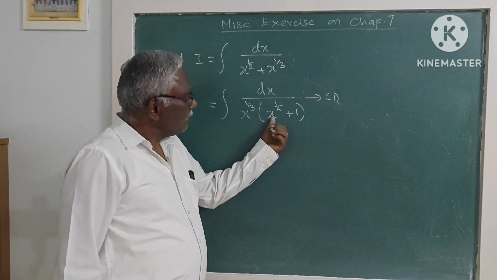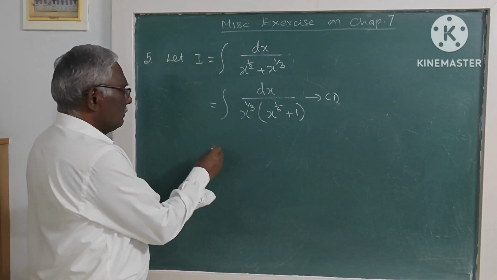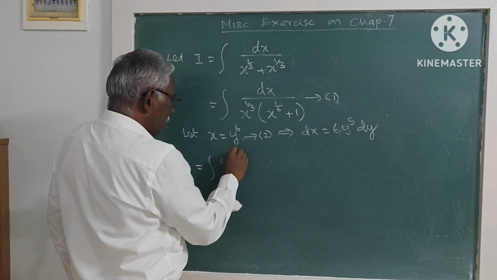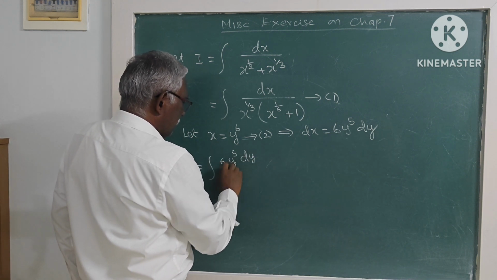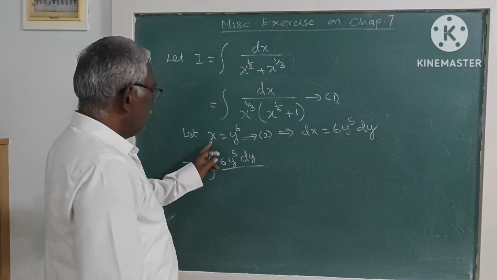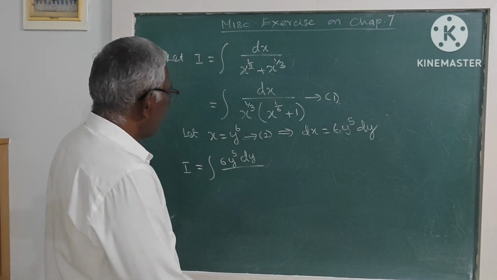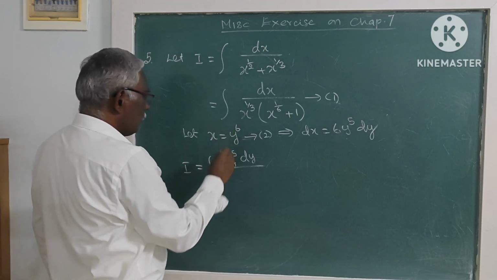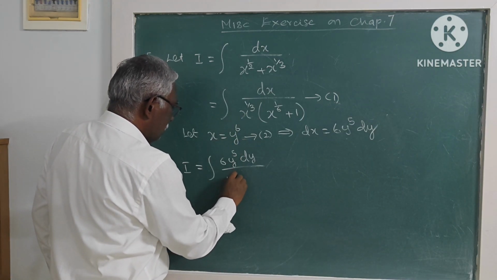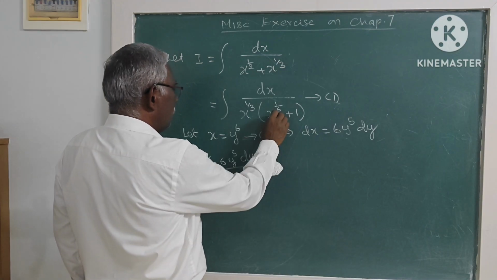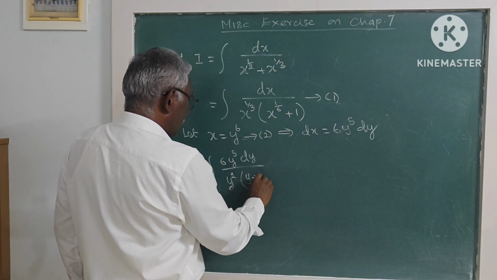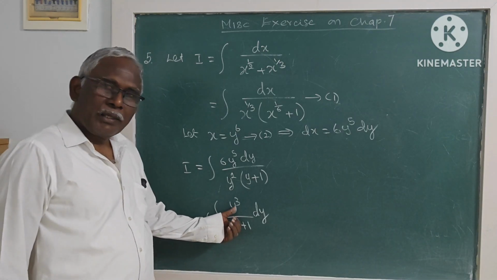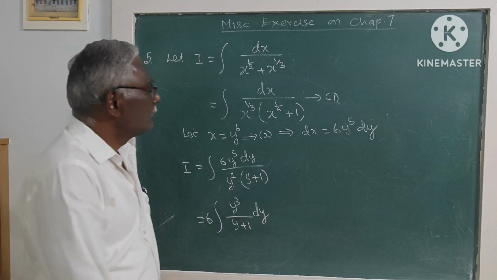Let us take x is y power 6. Integral dx is 6 y power 5 dy. By x is y power 6, y power 6 power 1 by 3, so it will become y square. Then this will become y plus 1.